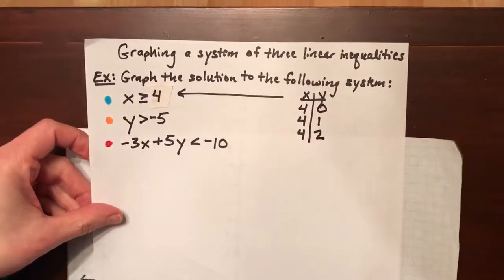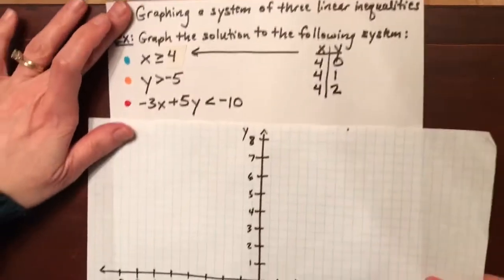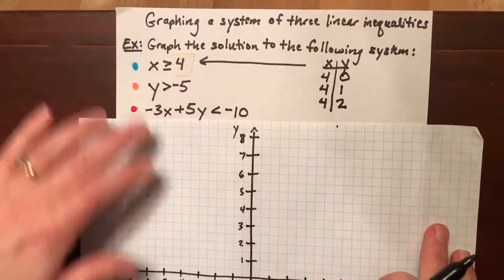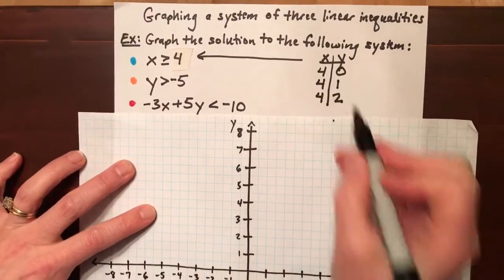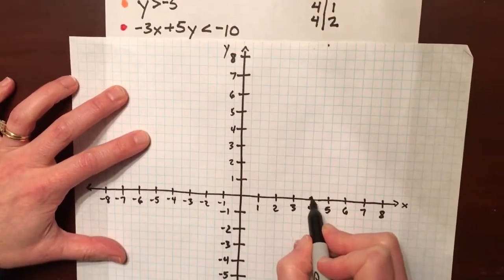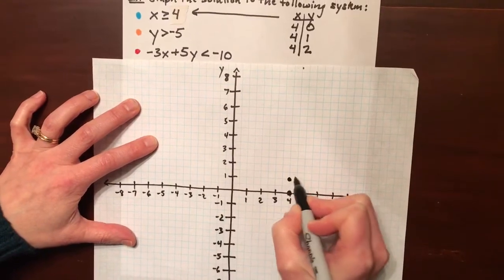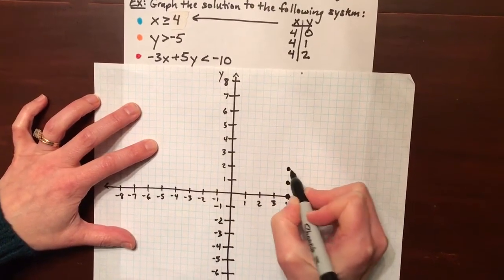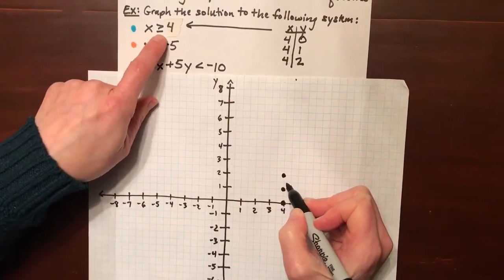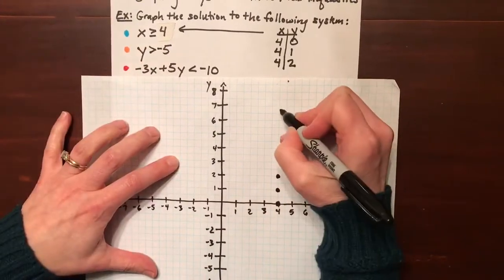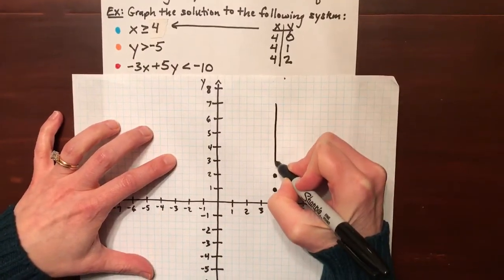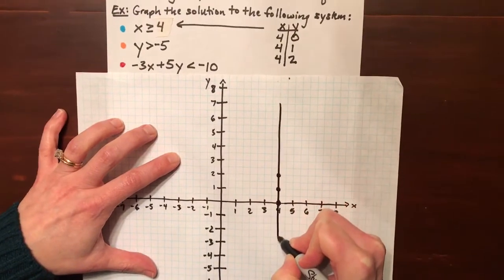And so if I wanted to graph this on my graph, I would graph the point 4, 0. So 4, 0 would be right here, and then 4, 1, and then 4, 2. So these are points on the line x equals 4. So this would be the line x equals 4.